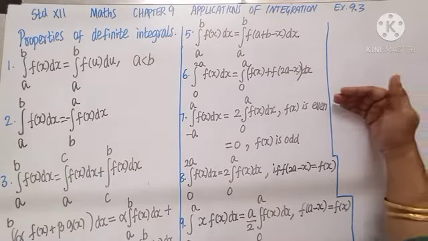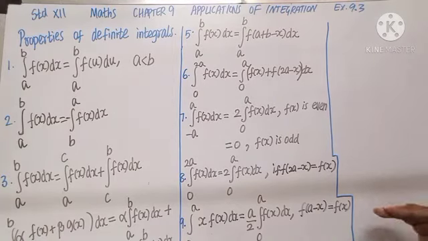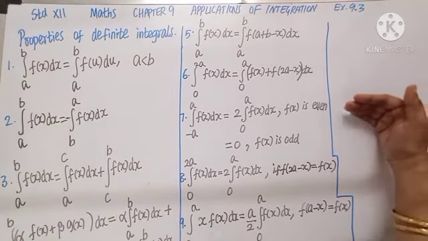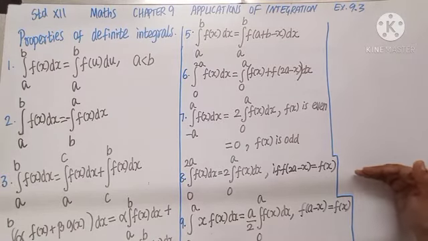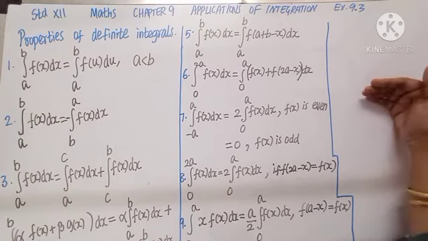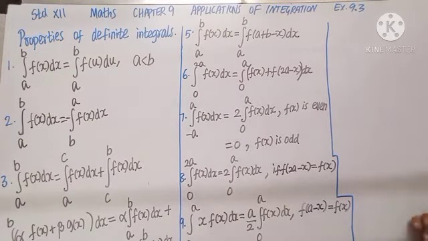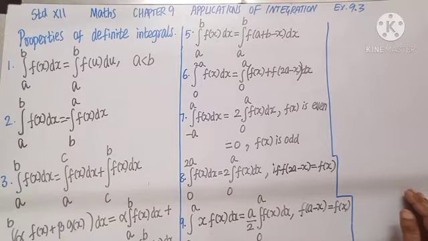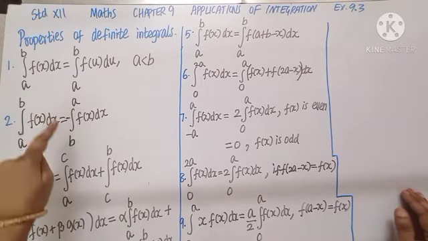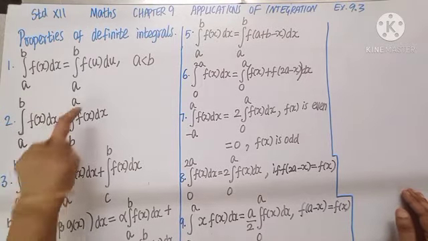Home to school, school to home. The distance or the area covered doesn't change. But what changes? The direction. Morning you go forward, evening you come backward. So the direction changes, nothing else. Whenever direction changes, change the symbol. So a to b, I will write minus b to a.